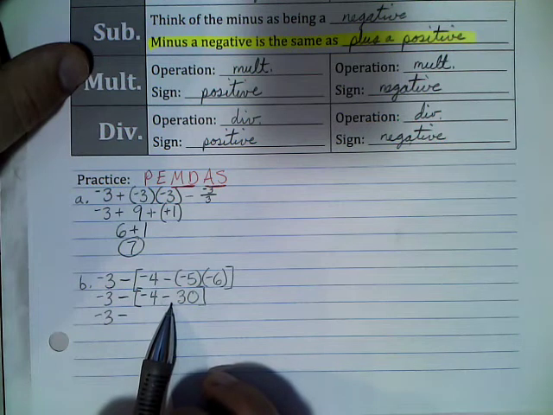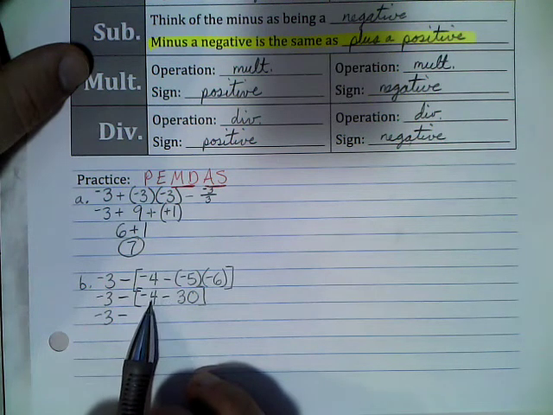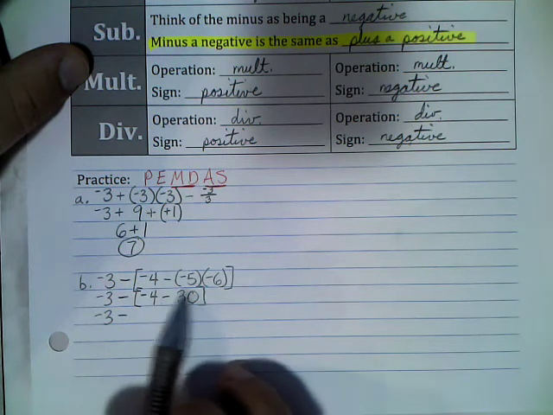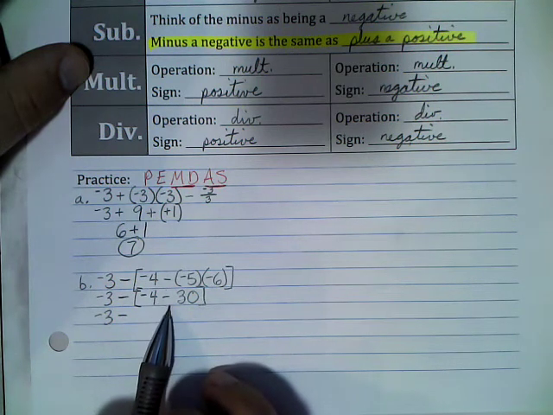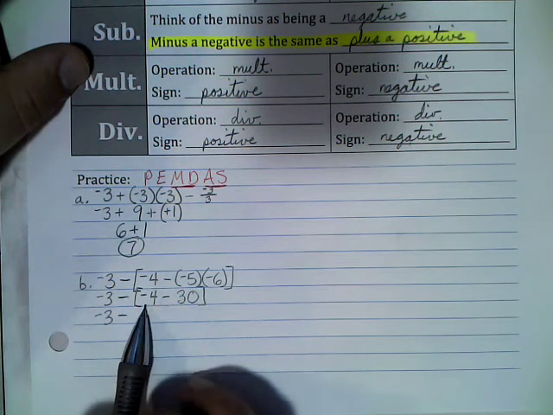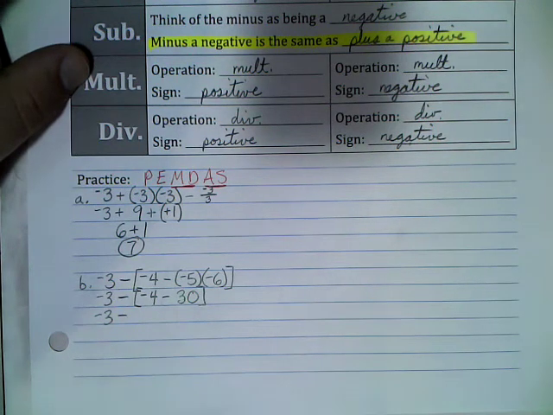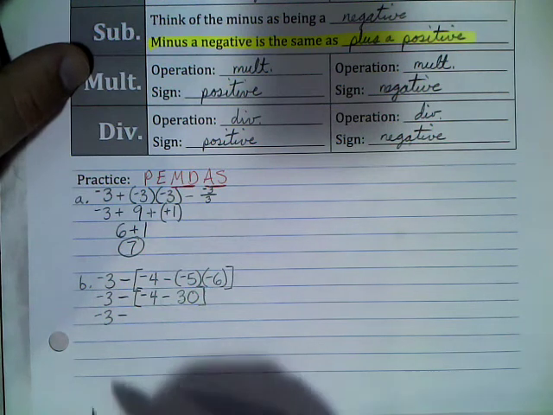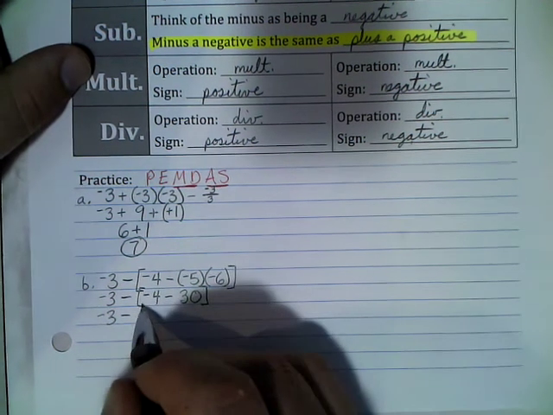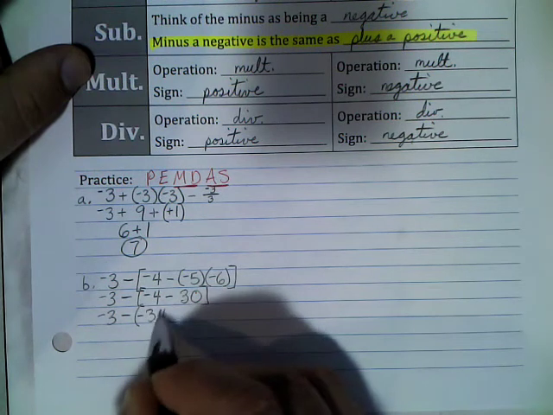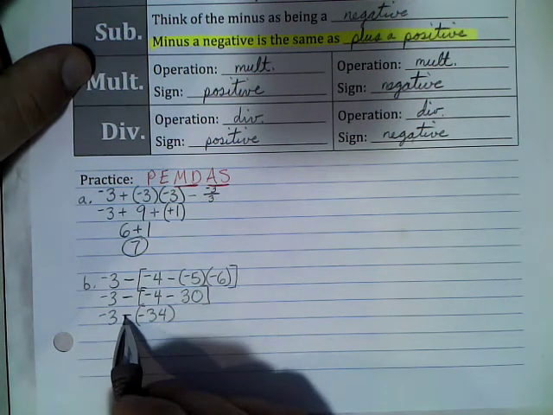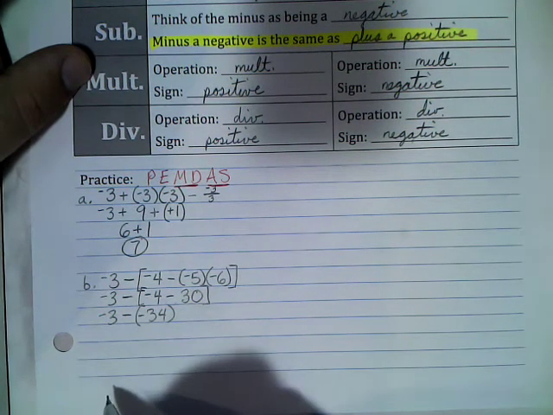So if you imagine making those arrows on a number line, -4 would be going 4 to the left, and then -30 would be like going 30 more to the left. So where do you end up if you go 4 to the left and then 30 more to the left? Well, -34. Since it's a minus here, I'm going to put that -34 in parentheses just to make it clear what's my minus sign, what's my negative sign.